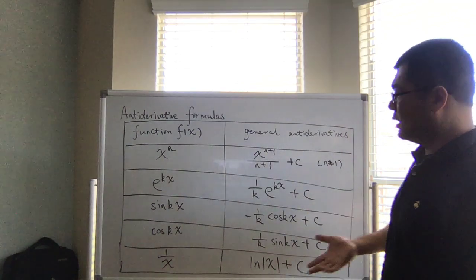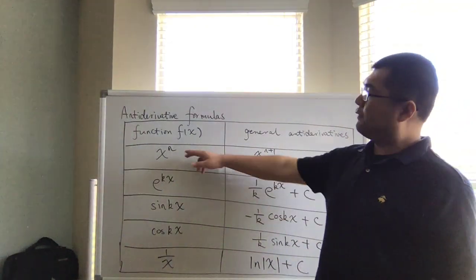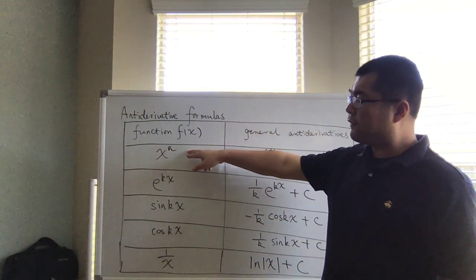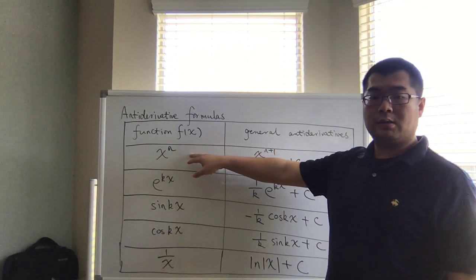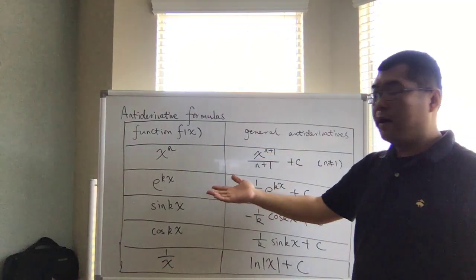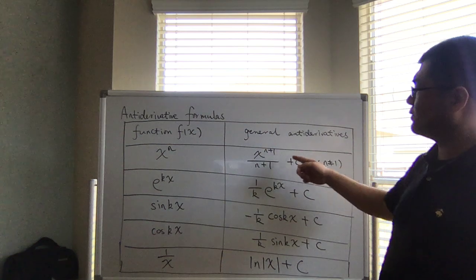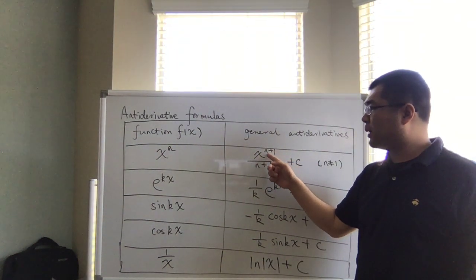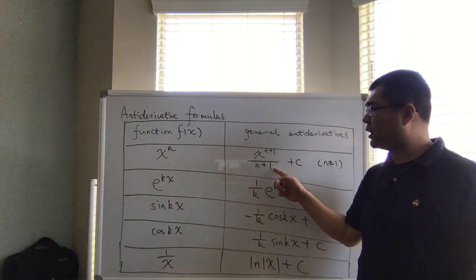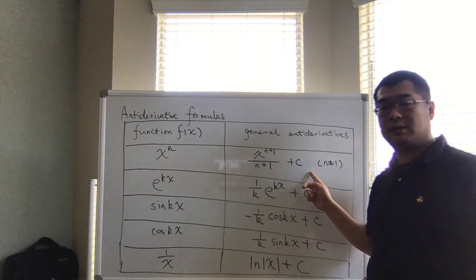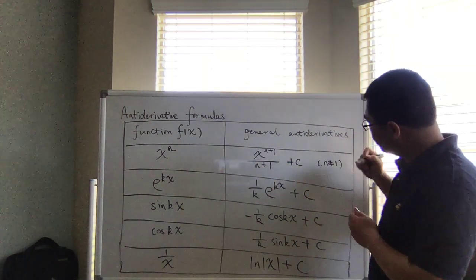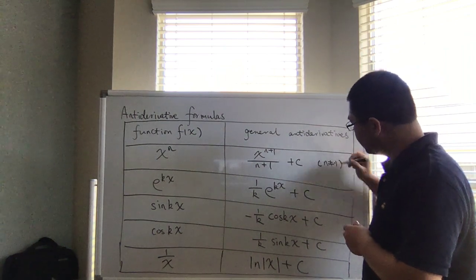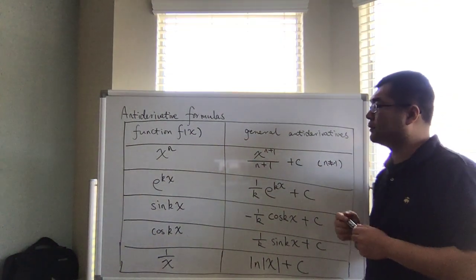Okay, so let's go over this one. If f(x) is x to the power of n, let's say x squared, then the general antiderivative follows this format: x to the power of n plus 1 over n plus 1, plus a constant c. And of course, this n cannot be negative 1. What does this mean?